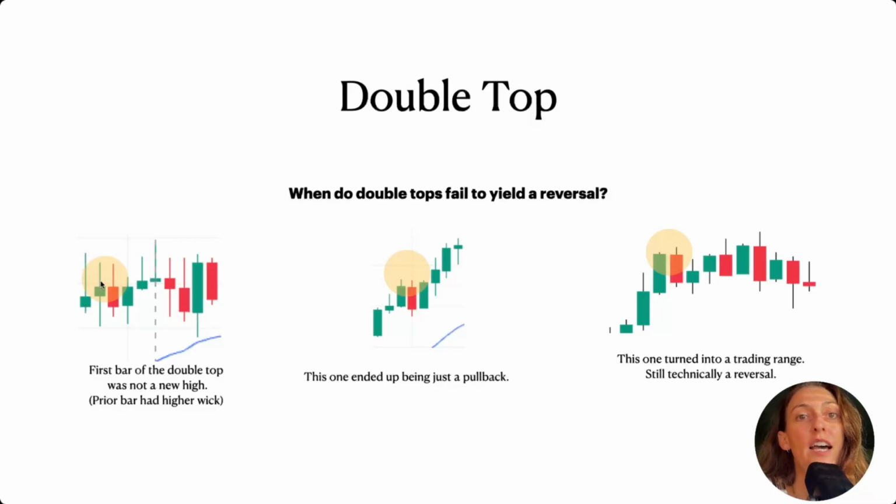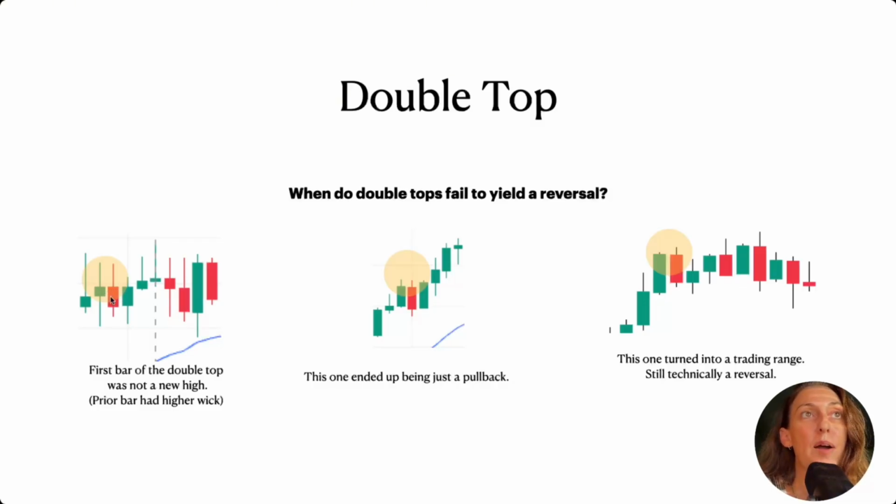So I like to count my double tops as whenever it's created a new high and it's higher than the prior bar was. So this one could maybe be called a double top, but I wouldn't trade it as a double top. And as you can see, it didn't really lead to a substantial reversal.